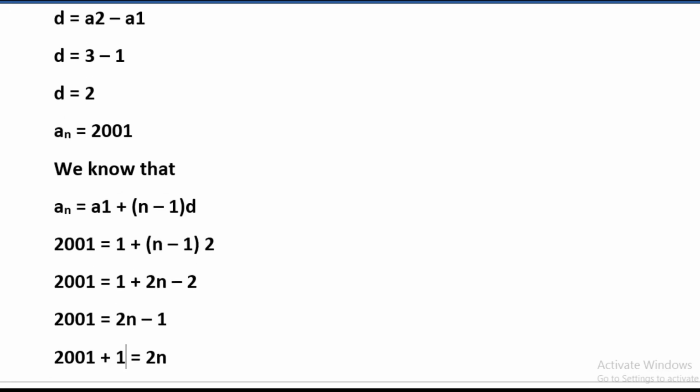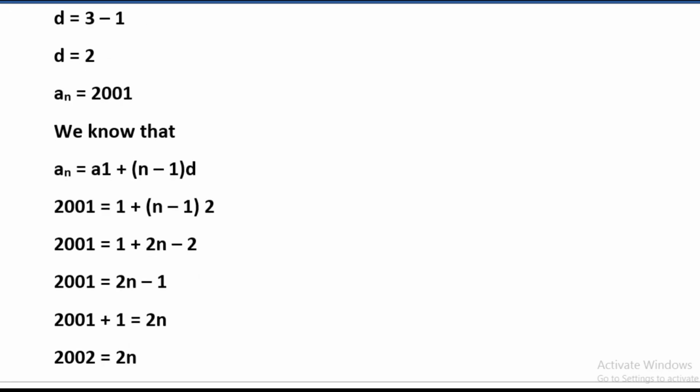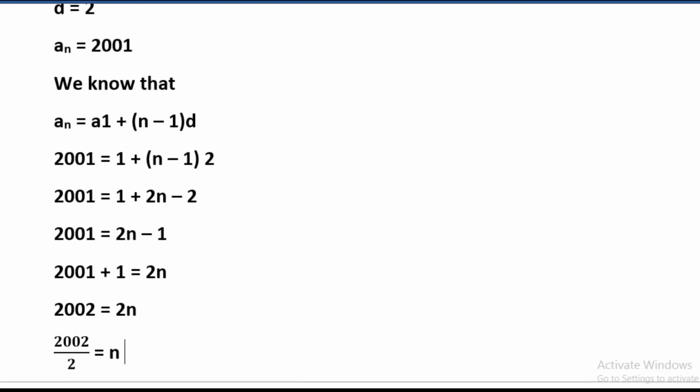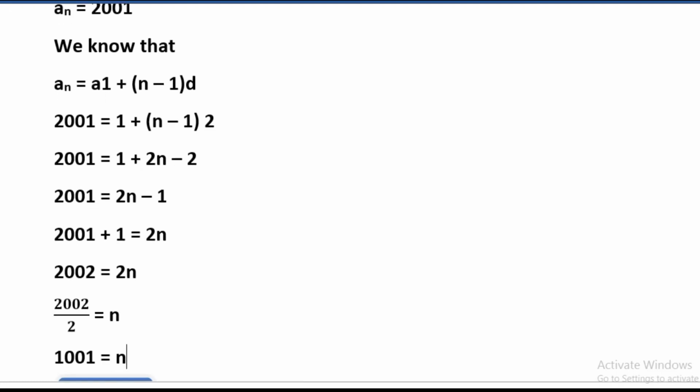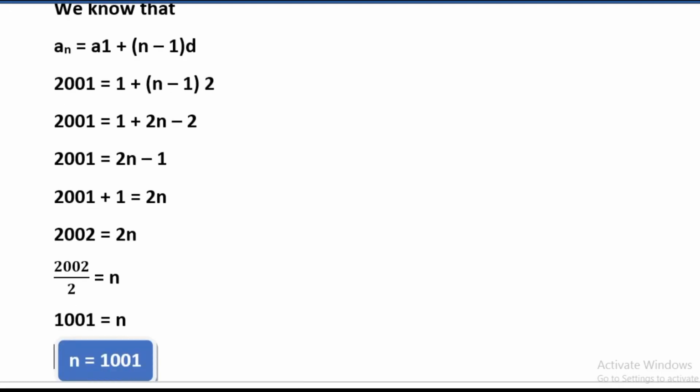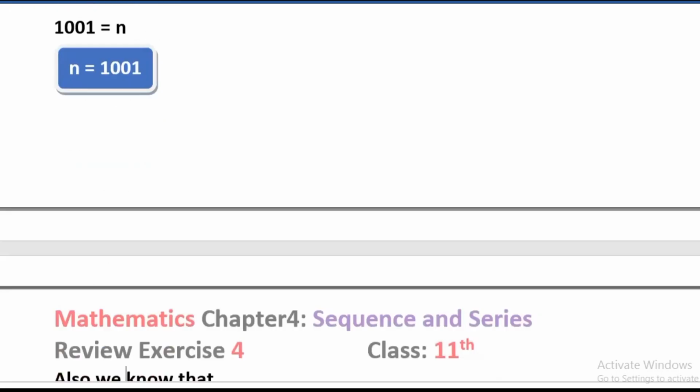Next, take minus 1 from the right hand side to the left hand side, the sign will be positive, plus 1 is equal to 2n. So 2001 plus 1 is equal to 2002 is equal to 2n. Dividing by 2 on both sides, n is equal to 2002 divided by 2, which is equal to 1001. Hence n is equal to 1001.